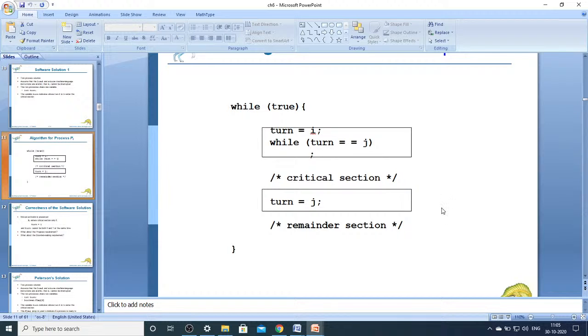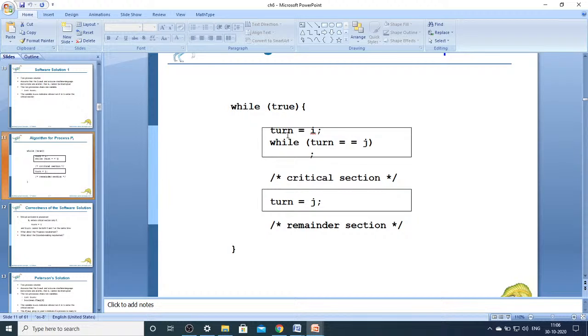Whenever a process wishes to execute its critical section, it should first set turn to itself, that is turn equal to i. This is the structure of process Pi. Here two variables will be used: one is the turn variable and the other is the flag variable.